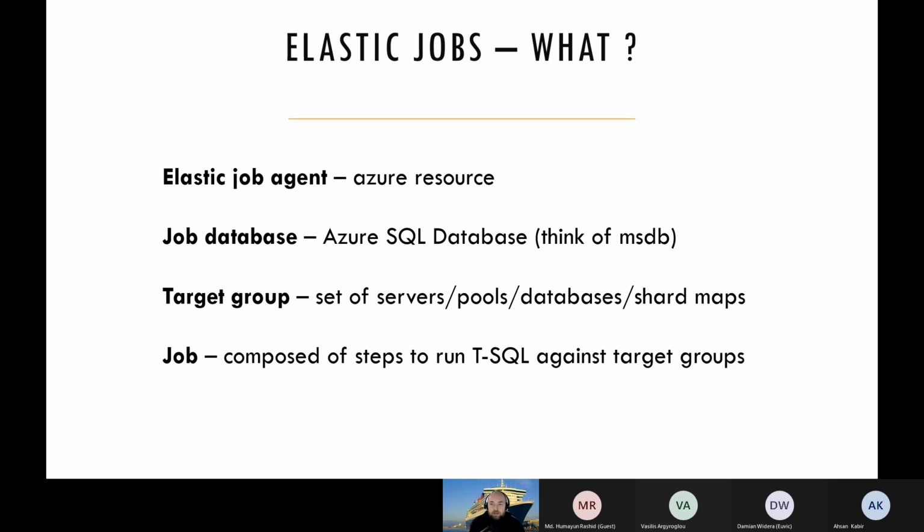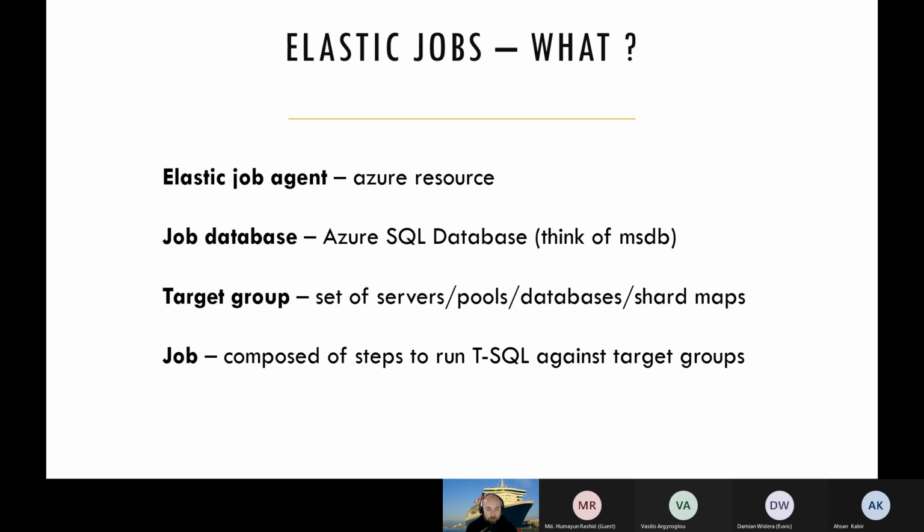And the job database is a MSDB thing in cloud. So it will have all the system tables, system procedures. So when you look into the content of the database, it will look similar to MSDB on SQL Server on premises. 2 other components are target groups.